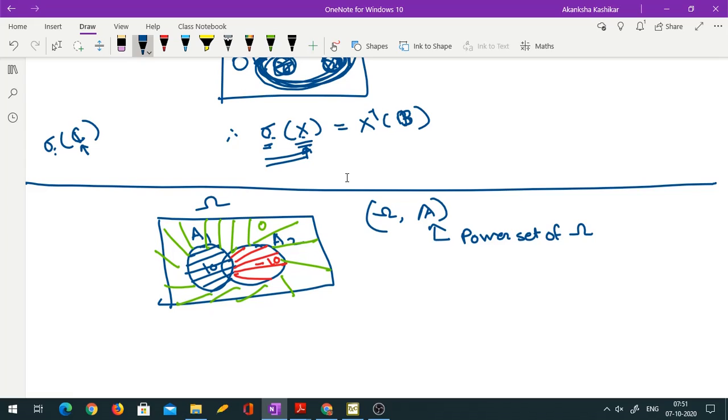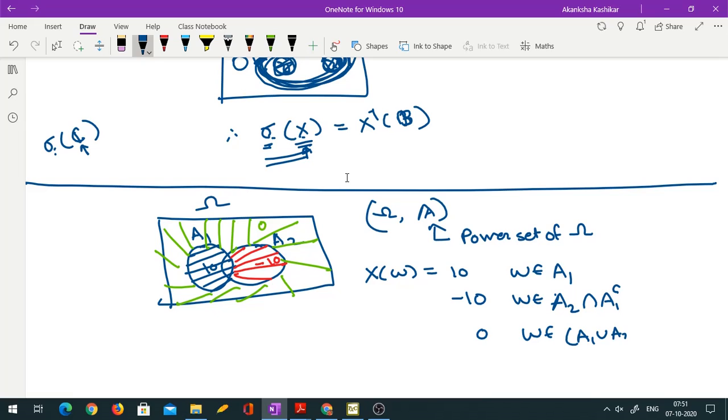And we are defining X of omega as 10 if omega is in A1, X of omega is minus 10 if omega is in this part of A2. So it is A2 intersected with A1 complement, correct? And X of omega is 0 if omega is in the complement of A1 union A2, outside both of them.